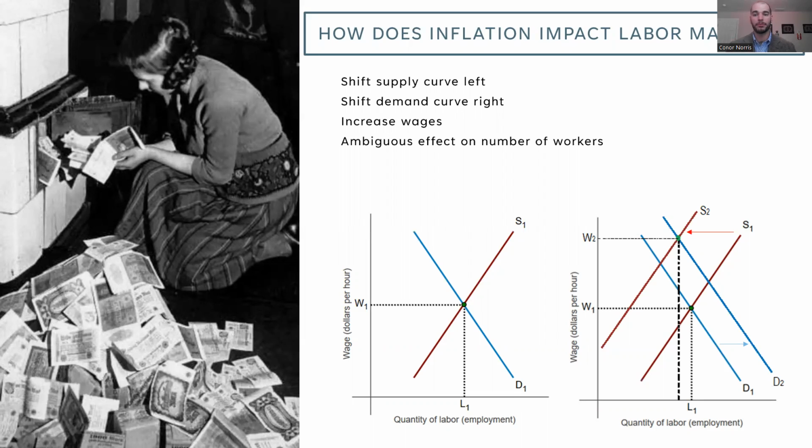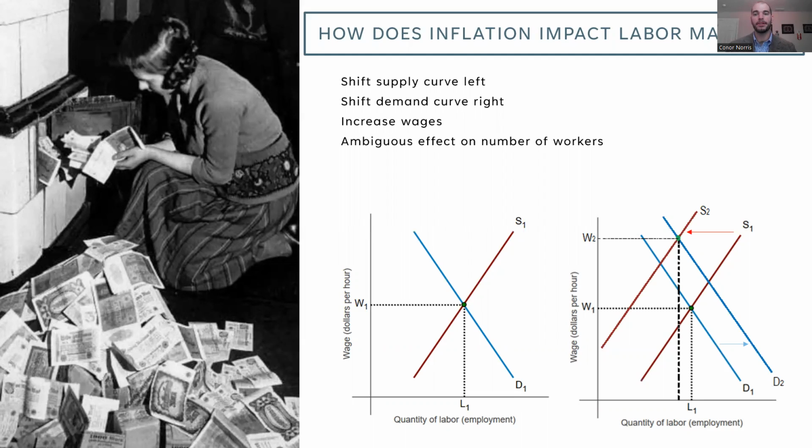Workers are going to have a higher reservation wage. It's going to take them more money to get them to work in that profession. This means that at each wage, fewer workers are going to be willing and able to work. Now, leisure or sitting out of work for other reasons will be less costly because they're giving up less money to do so.